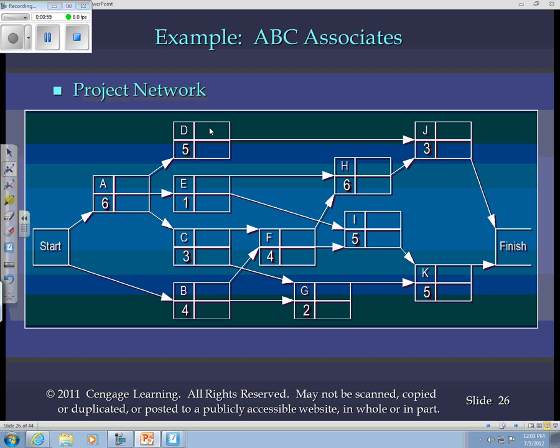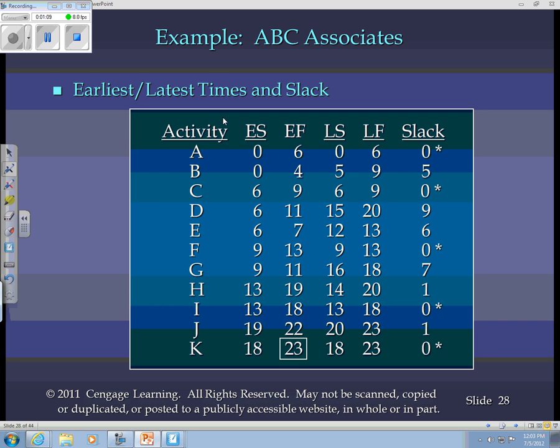In order to determine the earliest start, earliest finish, latest start, latest finish, and in that process you'll recall you're able to determine your critical path. The result is on this slide, and you see these activities with zero slack. In other words, the earliest finish is the same as the latest finish. There's no wiggle room. It's critical that these activities get completed on time in order to get the project done on time.